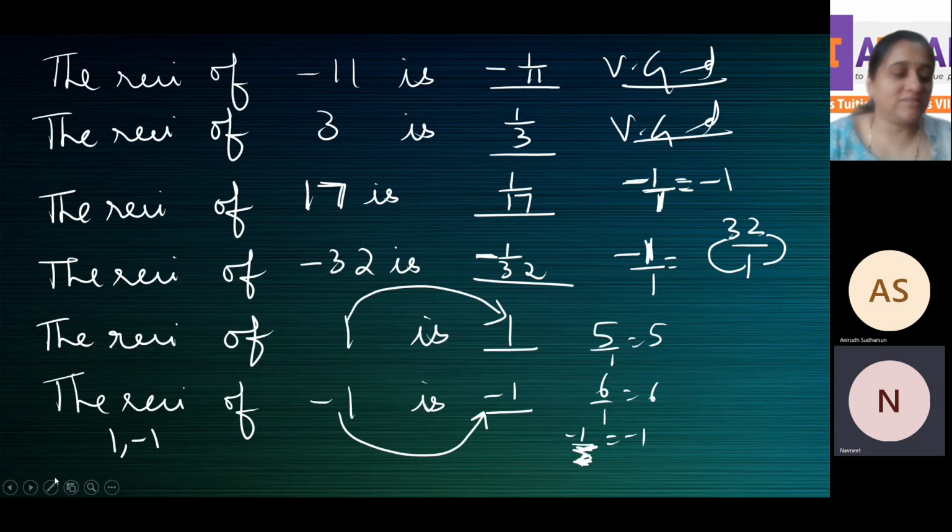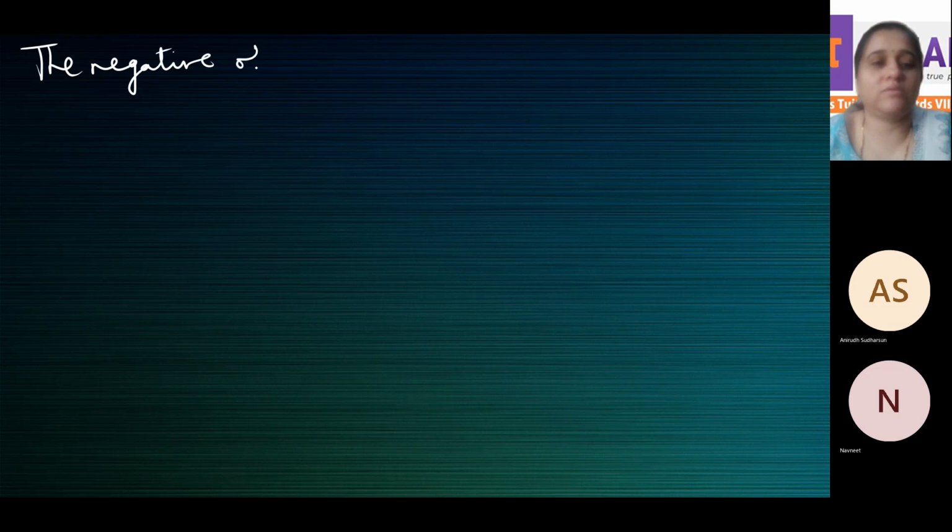Now let's practice the negative of an integer. The negative of -11 is, what will you change here for negative? Will you turn the number upside down or will you change the sign? Sign, ma'am.